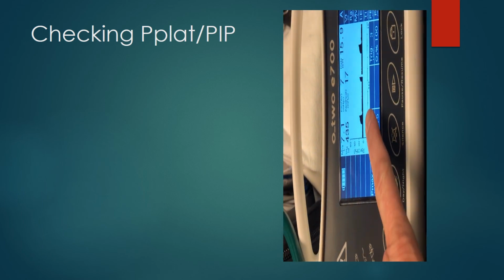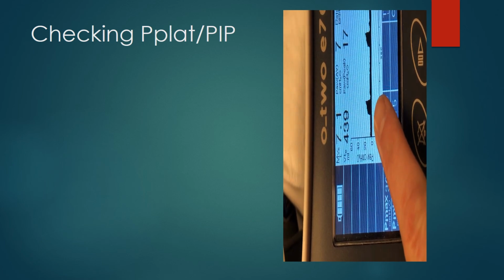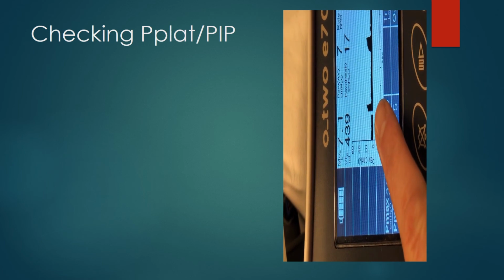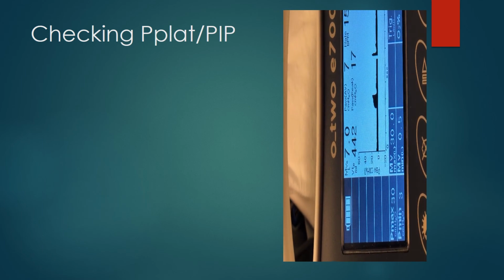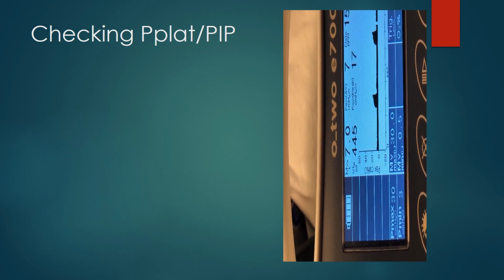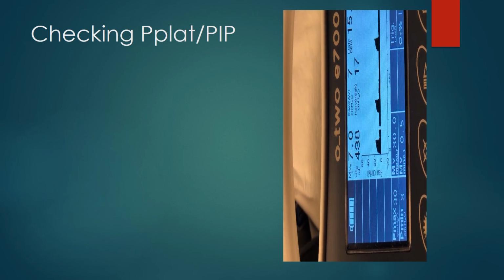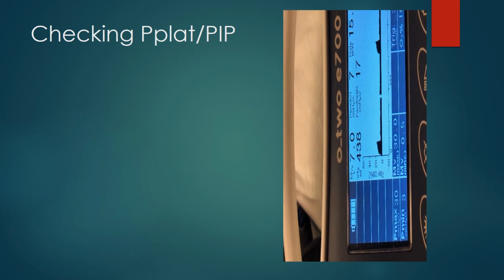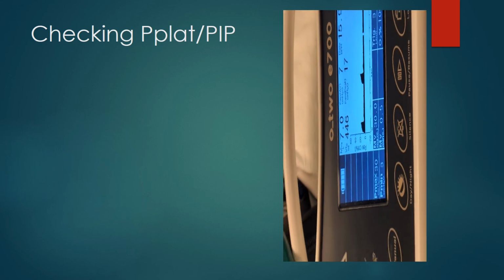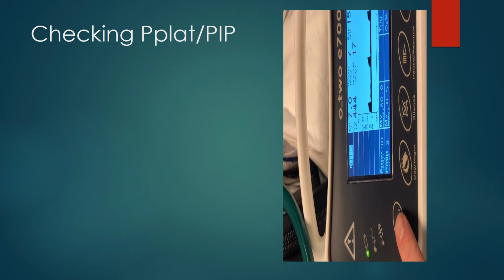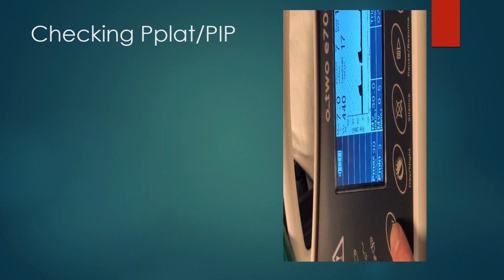And then you're looking at this waveform, and we want our P-plat to be less than 30, right? The initial rise is going to be your PIP, your peak inspiratory pressure, and then it's going to level out and give you your P-plat. So it's alveolar health.